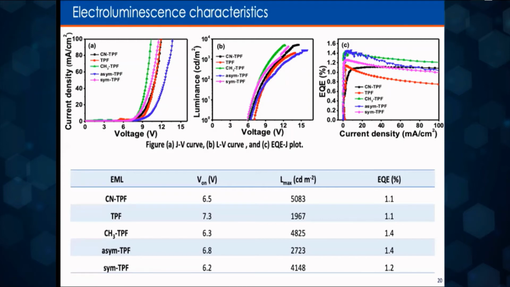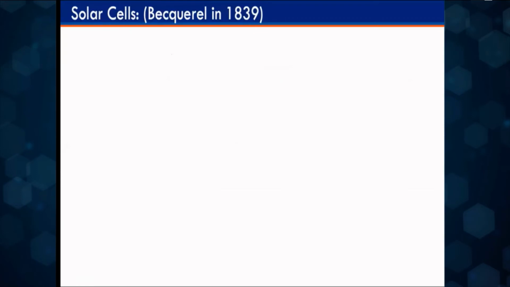Just again to motivate you, I will trace a history of organic solar cells. Solar cells are very well known in the field, and some have already been commercialized in the market. But if you trace the history, Becquerel did a very curious experiment in 1839 in his garage, where he put platinum in an electrolyte solution, shone light, and saw a photocurrent coming out.